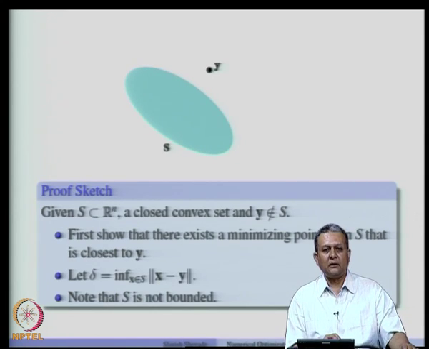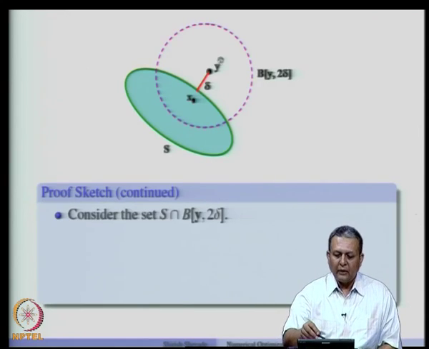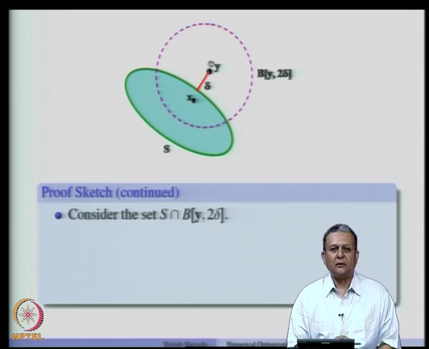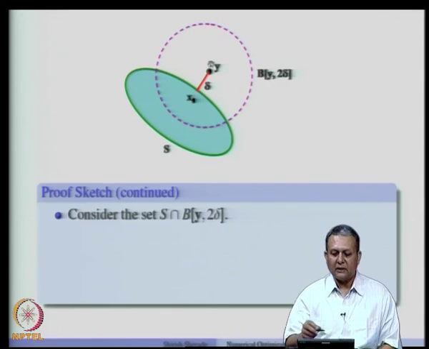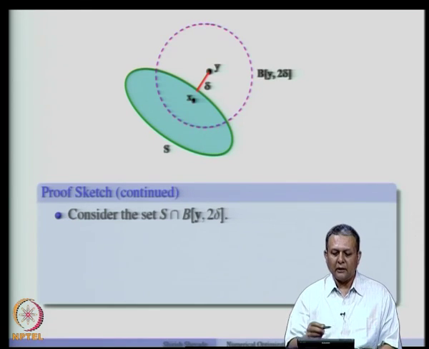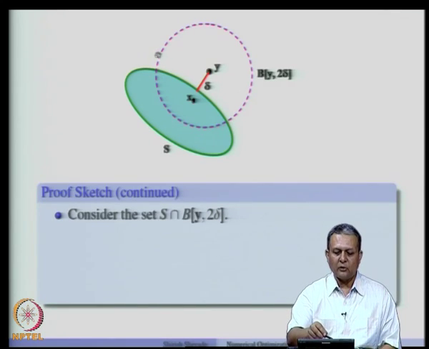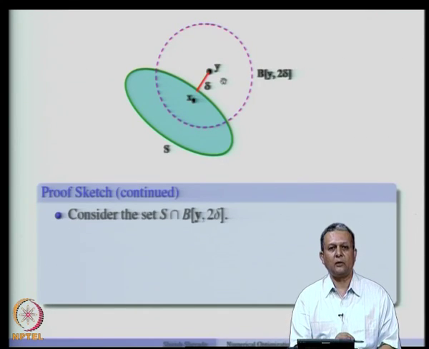To do that, let us assume that delta is the infimum, and taking y as the center, we consider a ball of radius 2 delta centered at y. Remember that this is a closed ball, but I have not shown it fully in the figure to avoid clutter in the figure. So, the boundary of the ball is shown, as well as the interior of the ball, that is the closed ball.